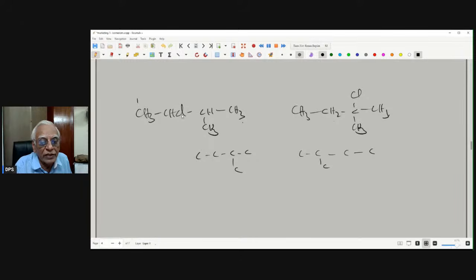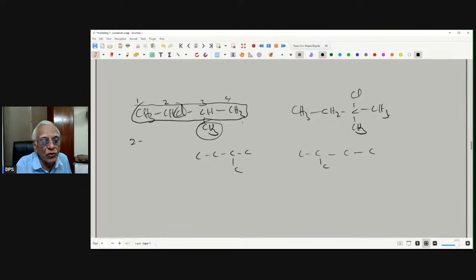The carbon containing chlorine should have the least number compared to the other alkyl group. 2, 3, 4. So the longest chain contains how many carbon atoms? 4. Butane. This is a substituent. This is also a substituent. This is chloro. This is methyl, which should be named first in alphabetical order, earlier alphabetical. Chloro, C for chloro, M for methyl.